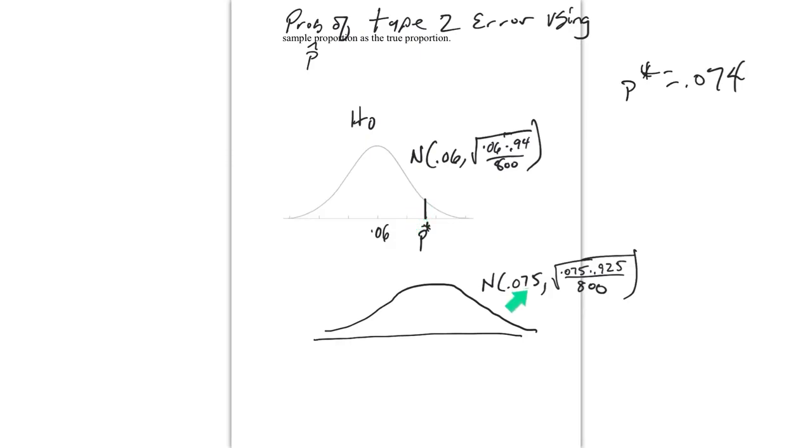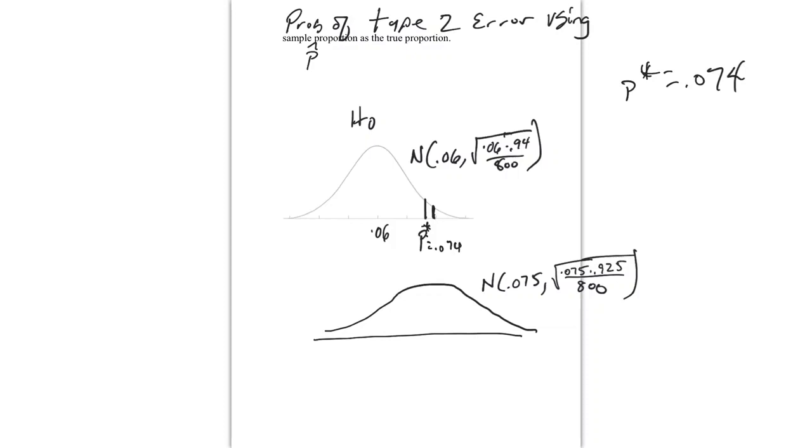Down here represents our 0.075 with this standard deviation. This represents reality. It's unbeknownst to us, but what's happening in the background is the true probability of something happening. In this case, we went out and got a P hat of 0.075, and we're assuming that is the true proportion. When we ran our test statistic, since P star is 0.074, we found that 0.075 was inside the critical region.